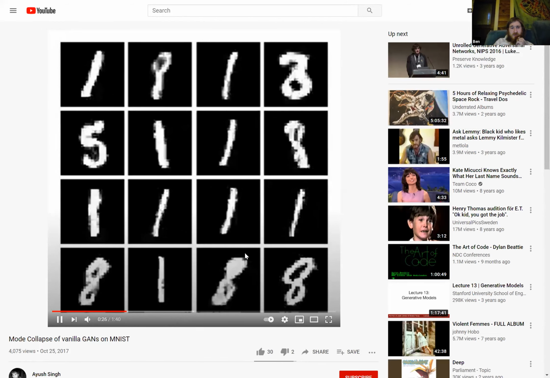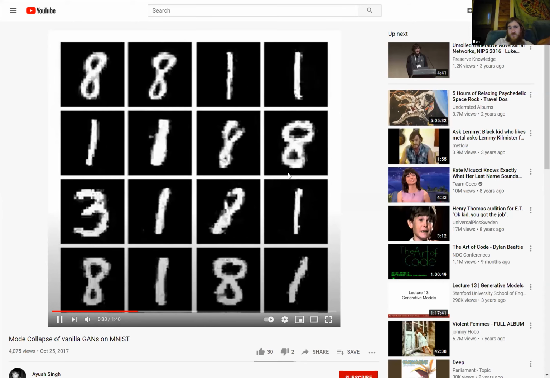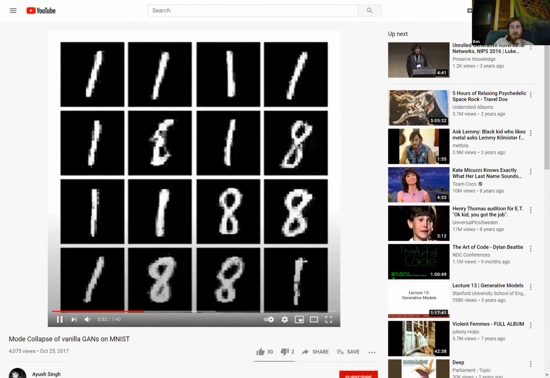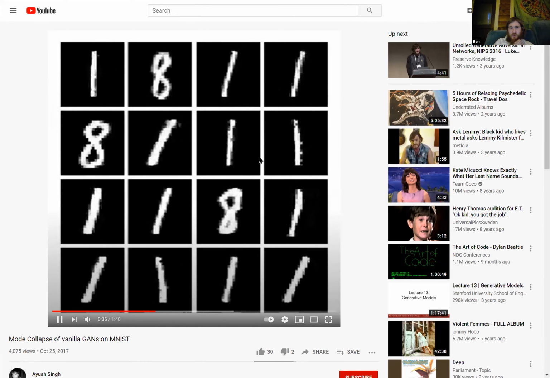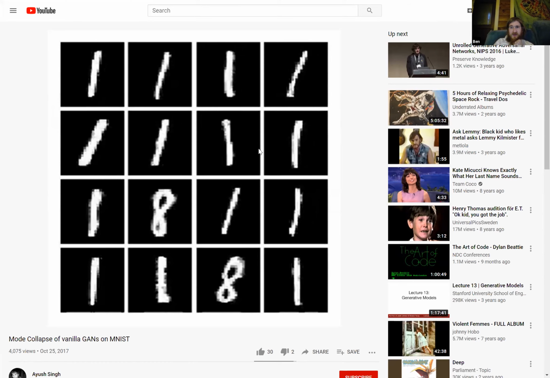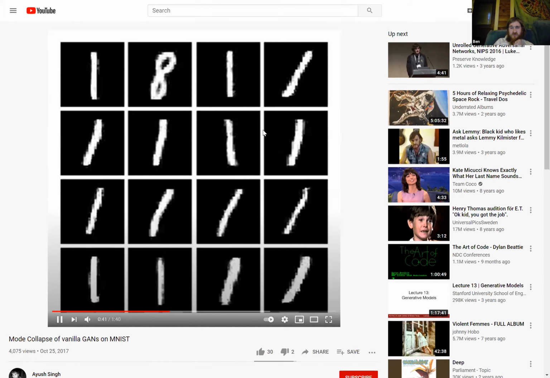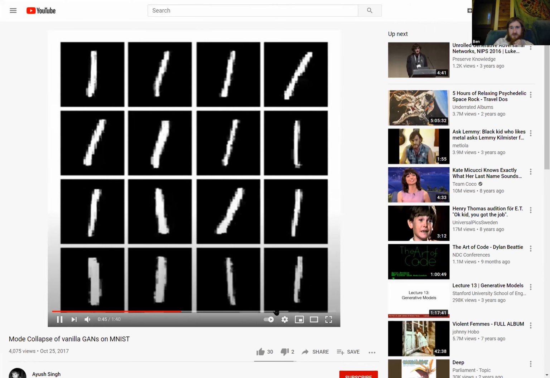So this is what mode collapse looks like. I'm training on MNIST, everyone knows what MNIST looks like. And you start to look at what it's producing, and I'm training it on 0 through 9. And what I'm getting is a bunch of 1s. And I'm getting a lot of different versions of 1s.